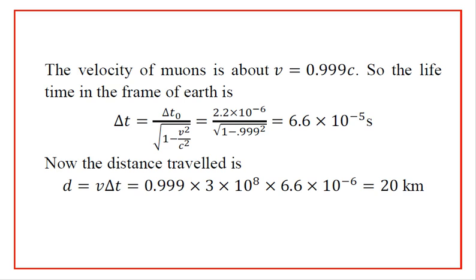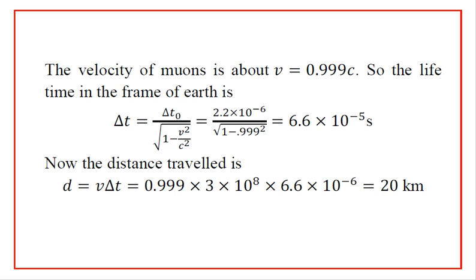Putting in the values, we get the lifetime of muon in the lab frame as 6.6 × 10^-5 seconds. With this lifetime, the distance traveled by the muon is speed times time, that is 0.999c × 6.6 × 10^-5. So we will get the answer as 20 kilometers.